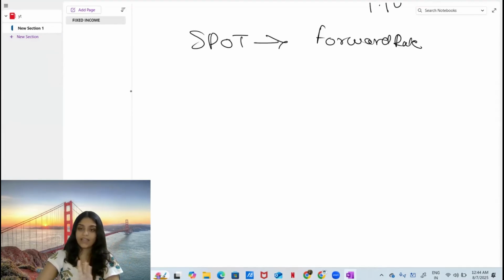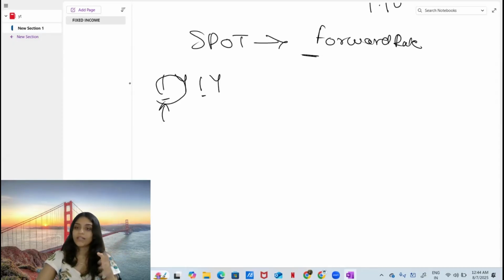That is the second part. First part is how a forward rate is written. So it is written 1y and 1y. So this one will be ever changing.